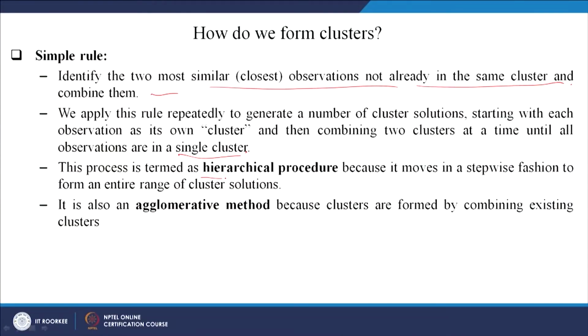This process is termed a hierarchical procedure. Hierarchical because it is in an order, because it moves in a stepwise fashion to form an entire range of cluster solutions. It is also an agglomerative method because clusters are formed by combining existing clusters. That is why it is agglomeration. It could be agglomerative or divisive, we will see.